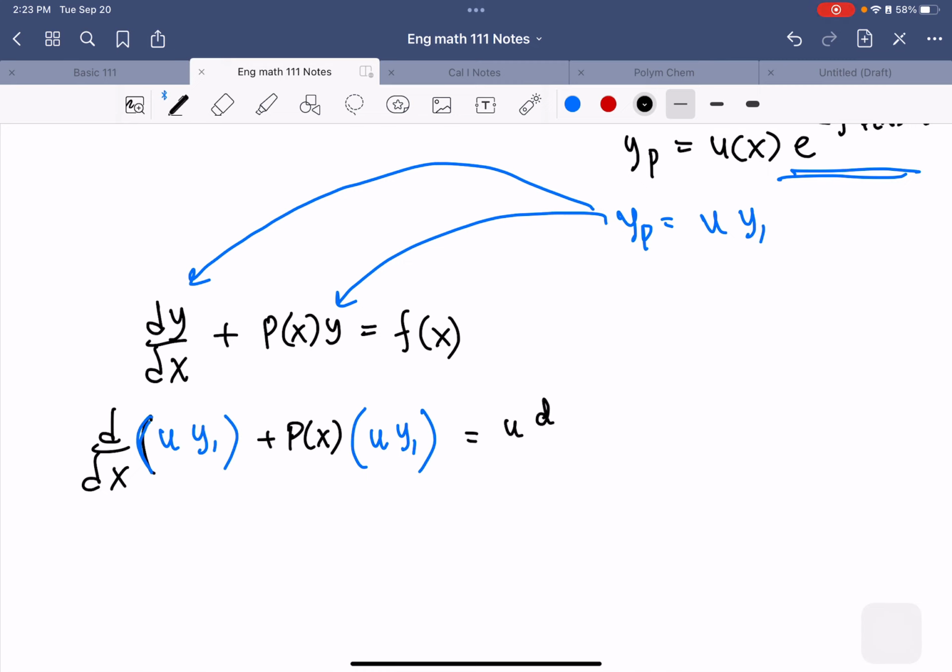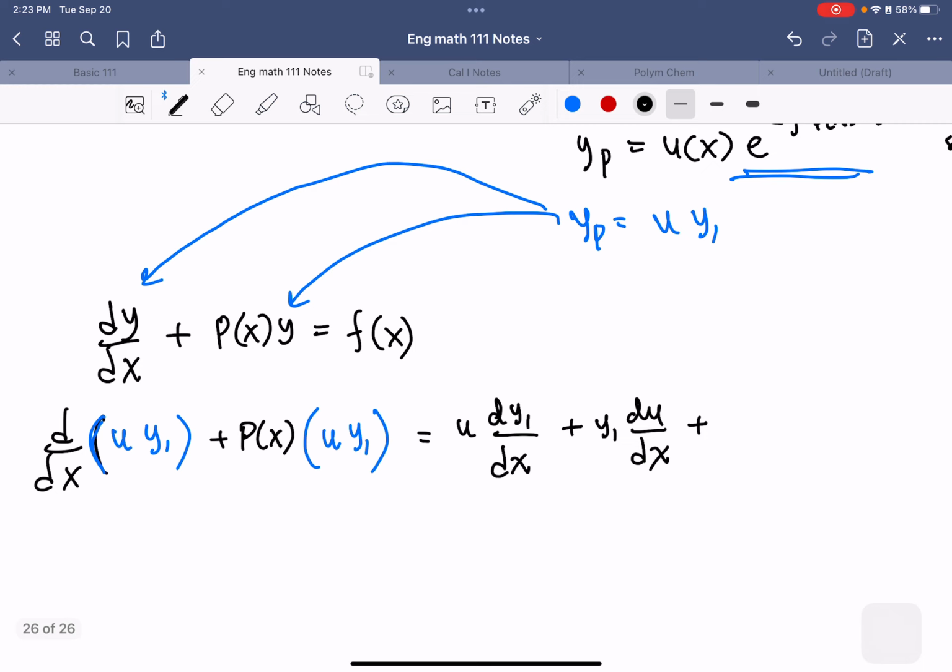Let me just apply the product rule first, so you can see the results first. So plus y1 du/dx, and plus, and we group this u, so this becomes u.